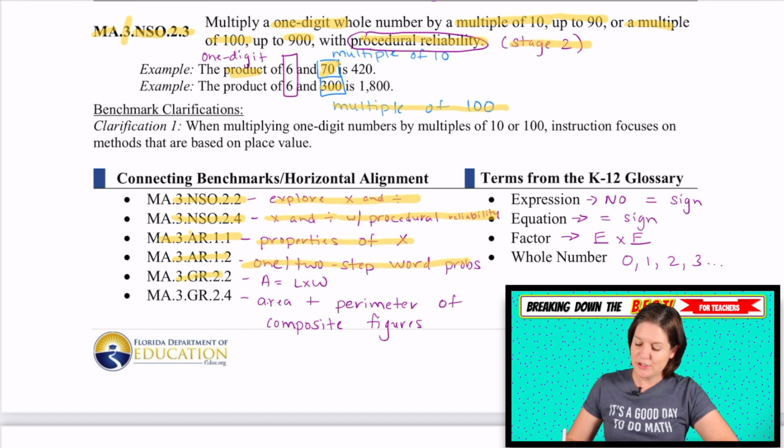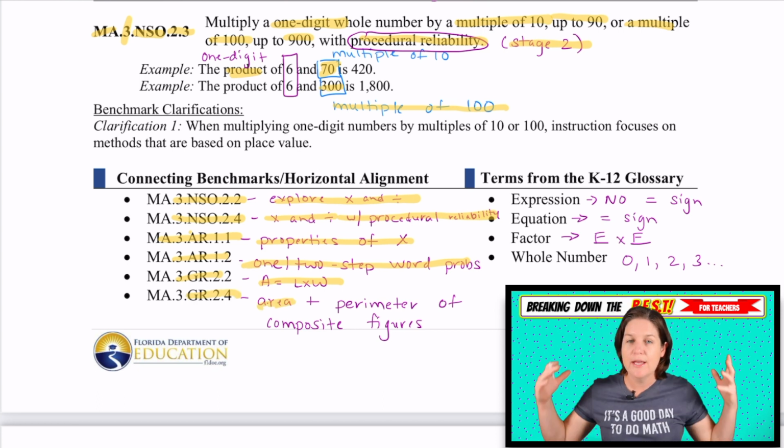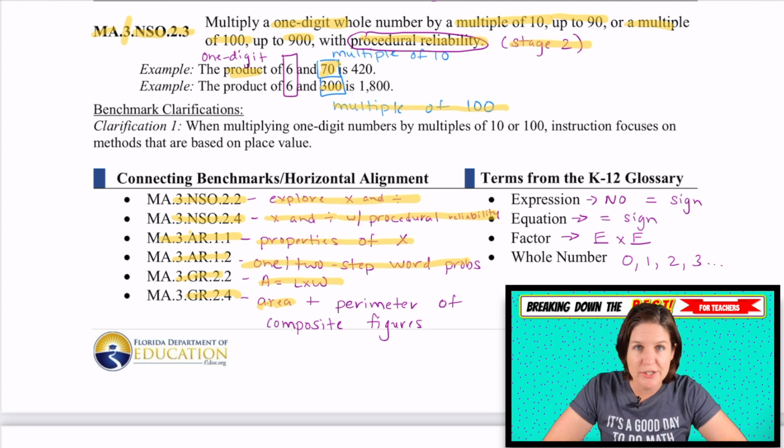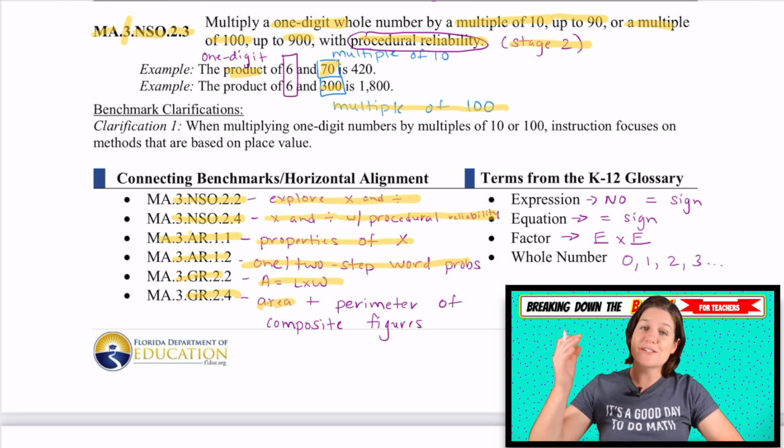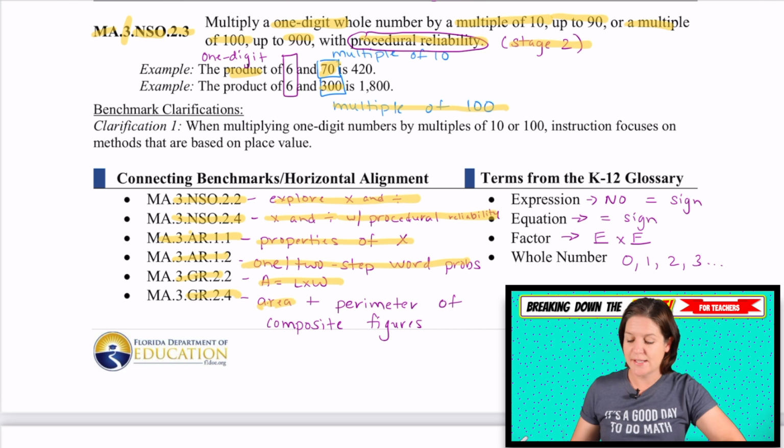And 3.GR.2.2, we can apply length times width. And GR 2.4, we have area, again, with composite figures. So you can see third grade multiplication is a huge thing that we get to teach them, because third grade is awesome like that. And it sets them up for success in the upper grades.